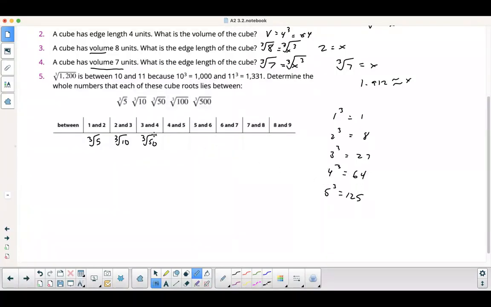So the cube root would be between 4 and 5. 6 cubed is 216. 7 cubed, 343. 8 cubed is 512. So basically, the cube root of 500 is between 343 and 512, so the cube root of that's going to be between 7 and 8. Okay.